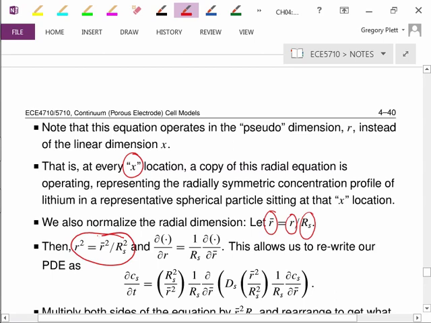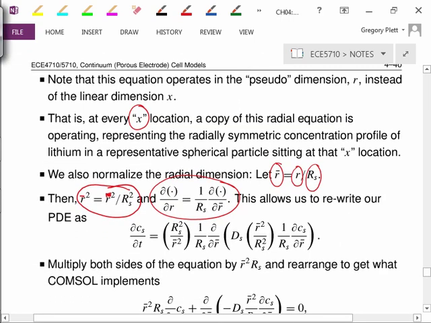And that is backwards. It's r bar squared equals r squared divided by rs squared. And the partial derivative of something with respect to r also turns out to be 1 over rs times partial with respect to r bar. This allows us to rewrite our PDE.